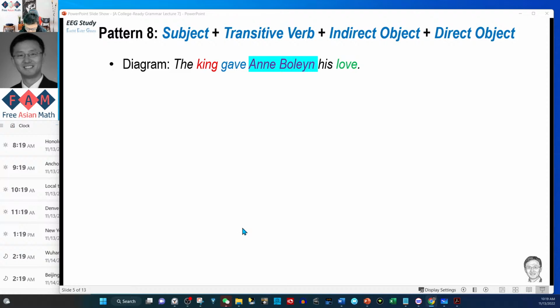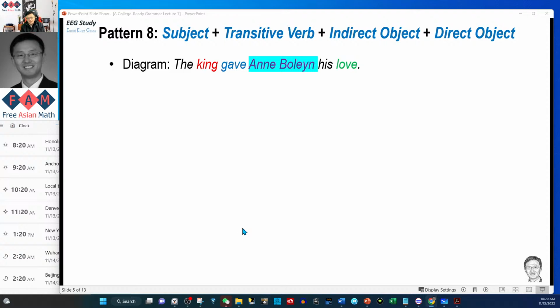So love is still the direct object of the verb give, and Anne Boleyn is still the indirect object because that's the recipient of the love. So the proper way to understand this sentence is as an alternative version of the sentence we just learned with the prepositional phrase, but that one was pattern number 5.